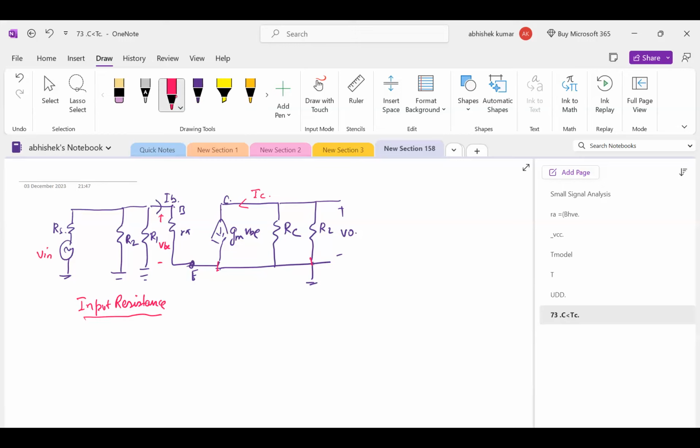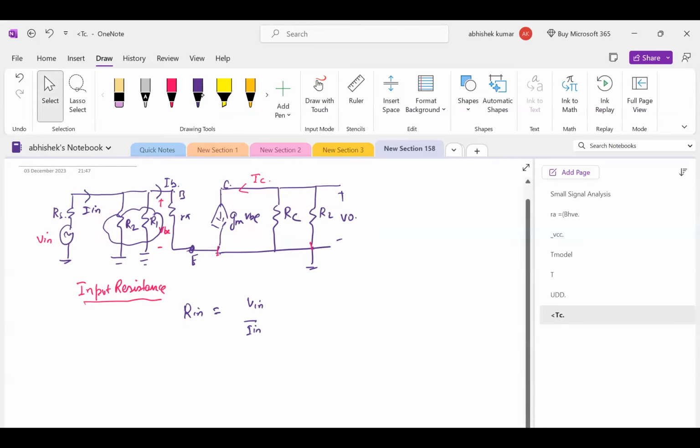Can you tell me what is input resistance? Input resistance is nothing but V input by I input, right or wrong? What is your I input? This is your I input, right? Can I take this resistor as one resistor R? Okay.